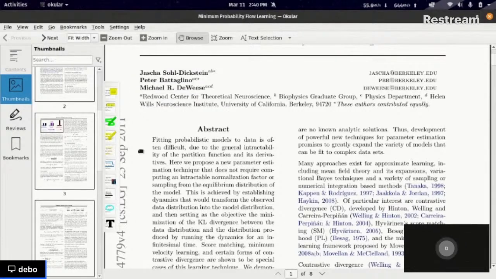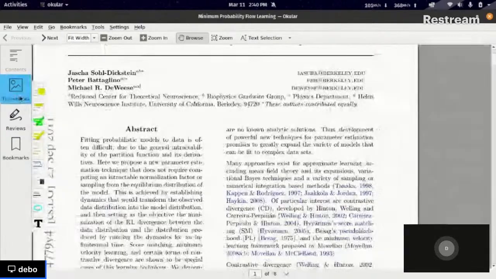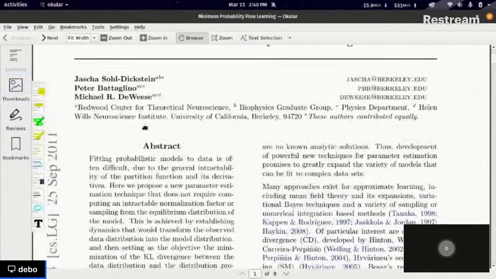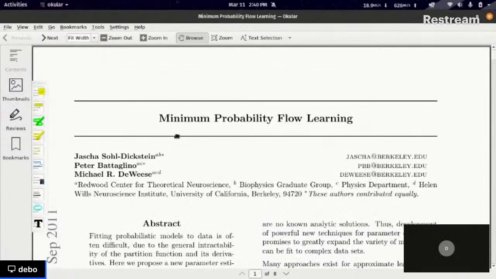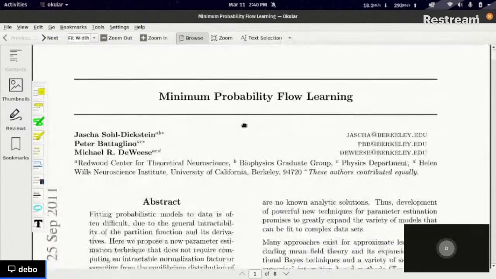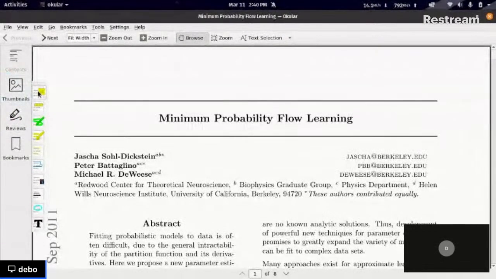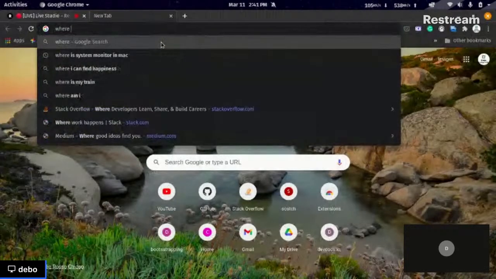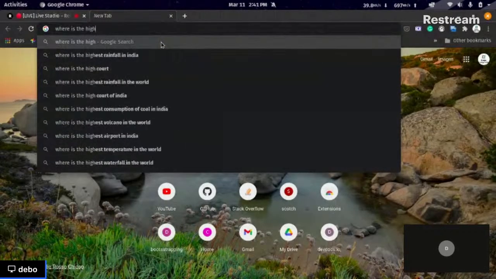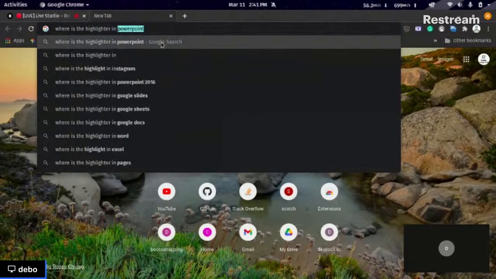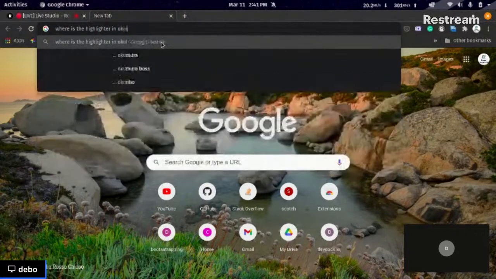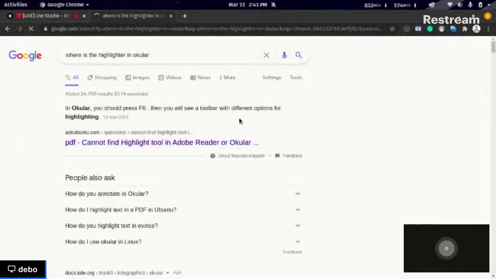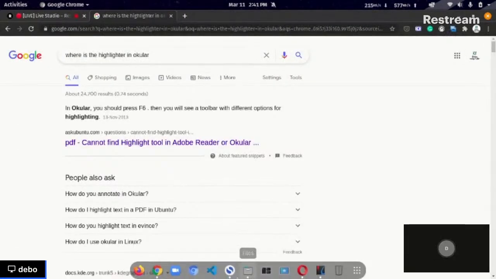Okay, for now, first read the paper. What does it want to say? I'm searching for where the highlighter tool is.